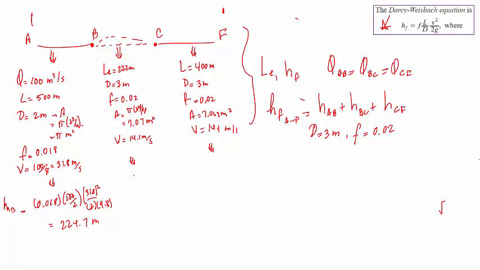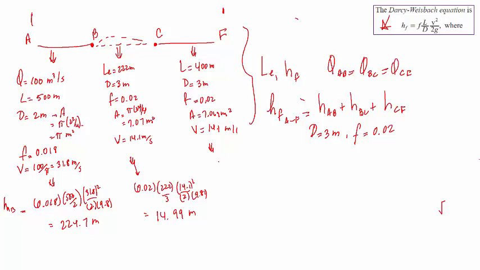I do the same here, and I'm going to just substitute, and make sure you pause and make sure you understand where the numbers come from. 0.02, 222 over 3, 14.1 squared over 2 times 9.81, and this here is 14.99 meters.